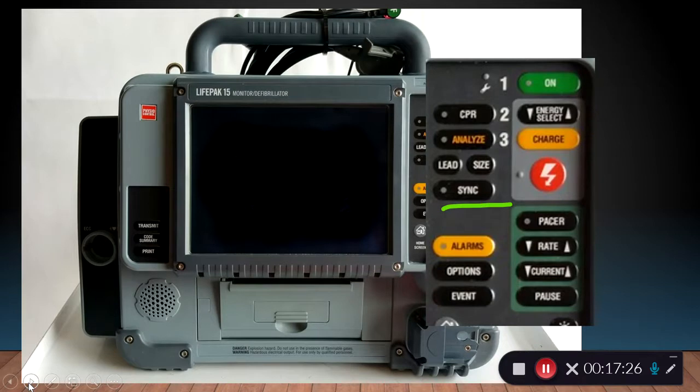What we need to do is push that after we have the defib pads on our patient, and you're going to see the rhythm there tracking right along, and shortly after you hit the sync button, you'll see little triangles start to appear at the top of the QRS.